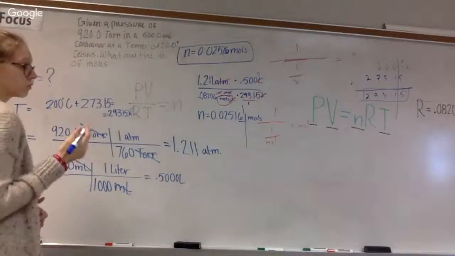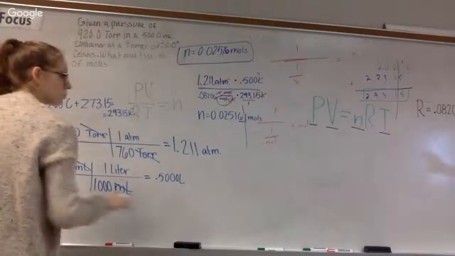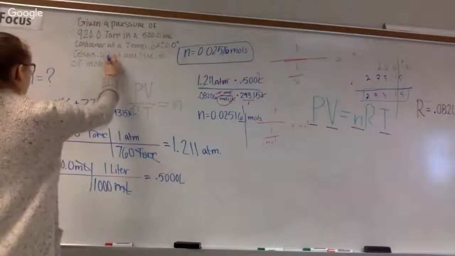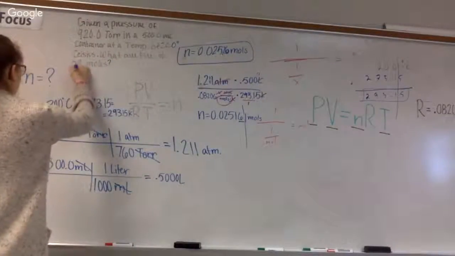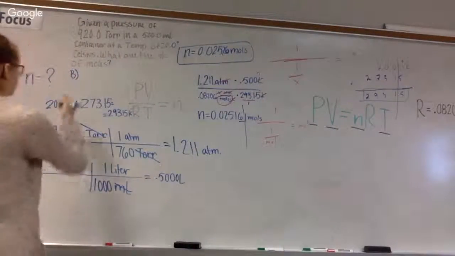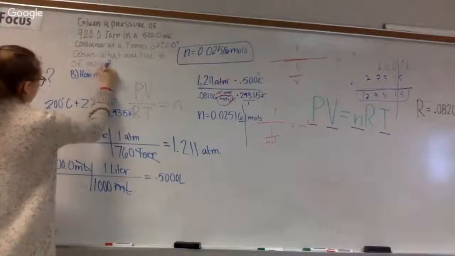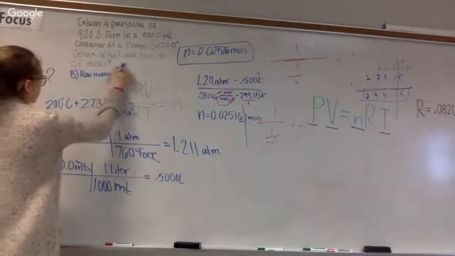Instead of saying number of moles, let's say, so that's part A. Okay, let's do part B so we don't have to change it. How many grams of oxygen?